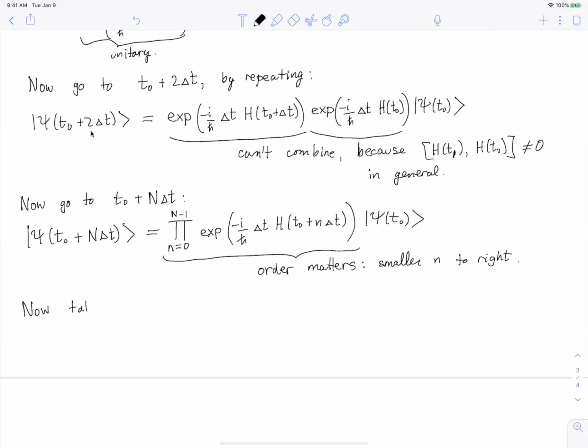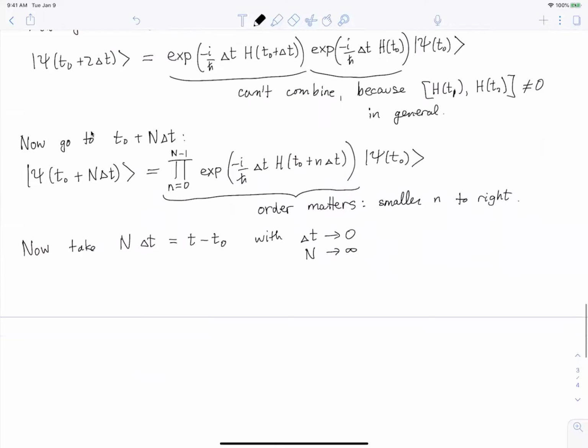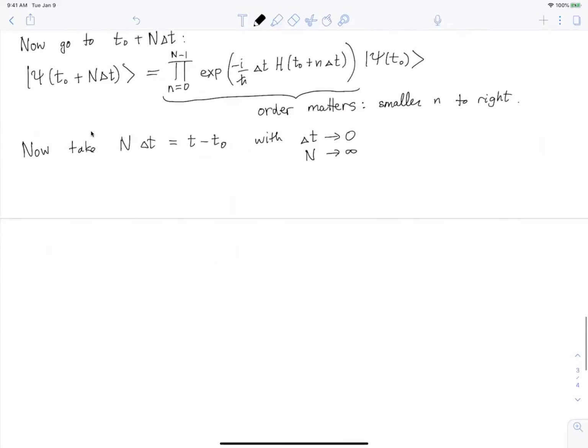So now we're going to take capital N times delta t to be t minus t0, the total elapsed time, with delta t goes to 0, and therefore capital N going to infinity, but with their product held fixed as t minus t0. Okay, so let's write what that equals.